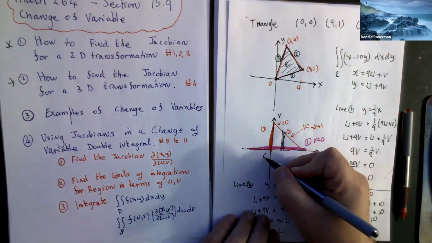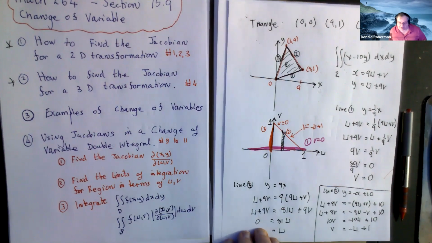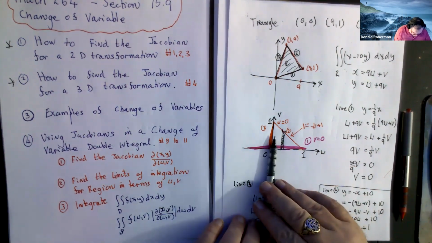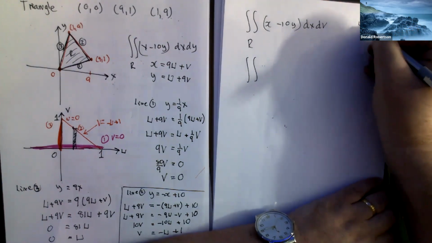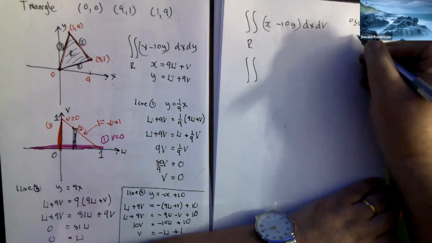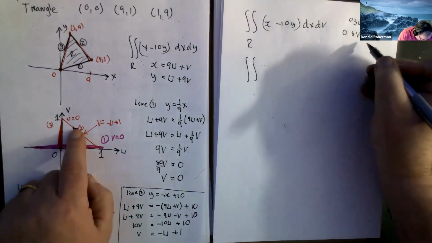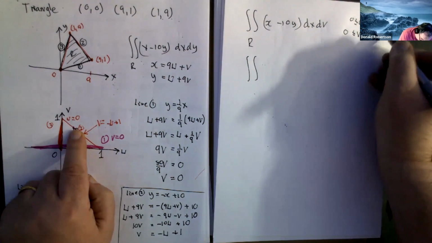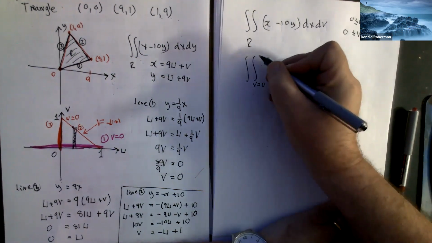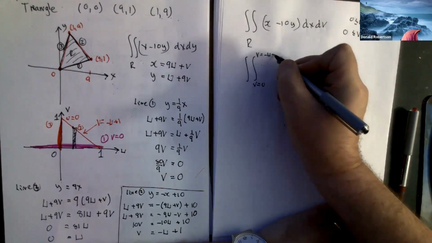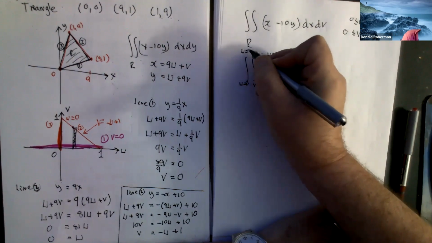Oh, by the way, this guy's 0, and this guy's 1, and this guy's 1, if you needed to figure it out. So I'm going to go U from 0 to 1. So that's U goes from 0 to 1. And V, well, on the bottom, you've got 0, and on the top, you've got negative U plus 1. So there's my limits of integration. V goes from 0 to negative U add 1.